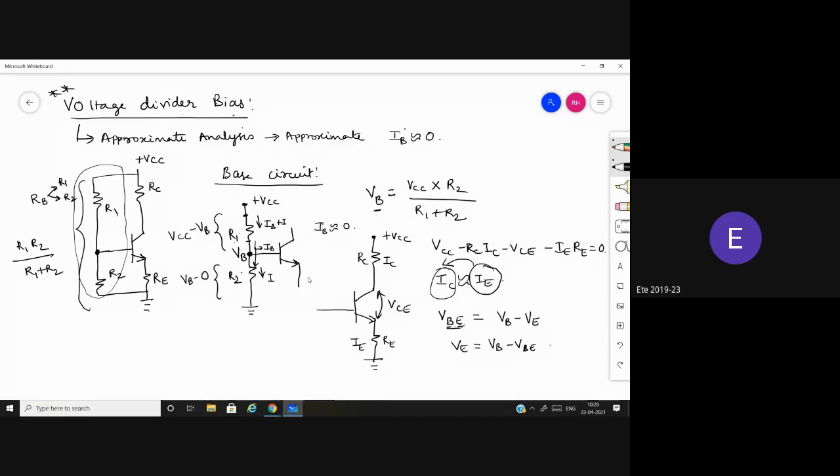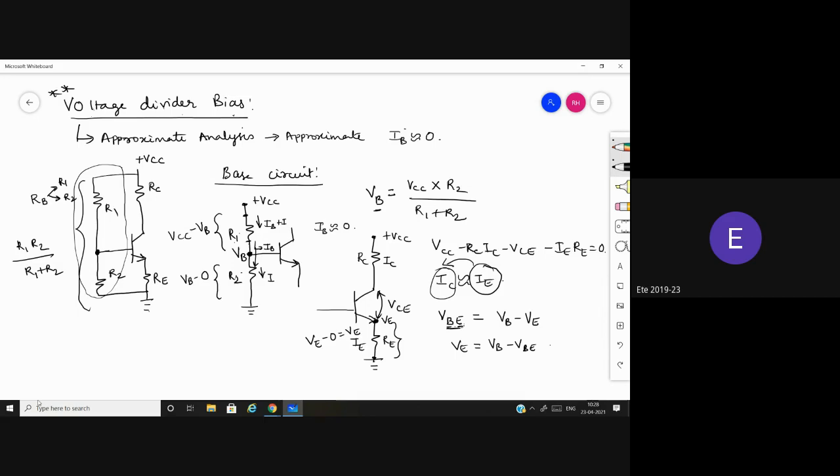And coming to VE, what is VE? The emitter voltage, or voltage drop across the emitter. How do you find the voltage drop across this? Again, the potential difference between this and this. If I call the voltage across this VE, what is the voltage across RE now? VE only, because VE minus 0 is VE.